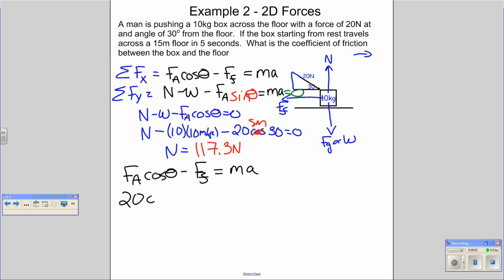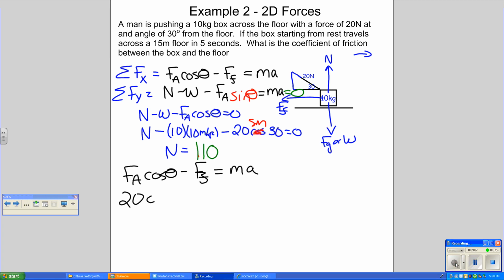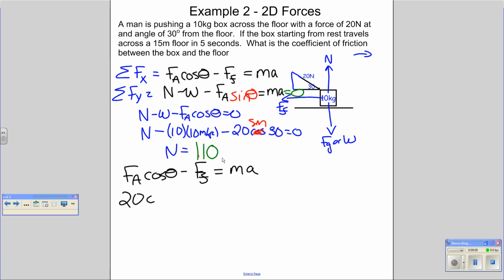So that's sine theta, which will change our answer to 110 newtons. Just so we can get that correct. Sorry about that. Alright, so 20 cosine of 30 minus force of friction, which is mu times n, equals mass, which is 10, times acceleration, which we do not know. But we do know n, because we already found n. So minus mu times 110.